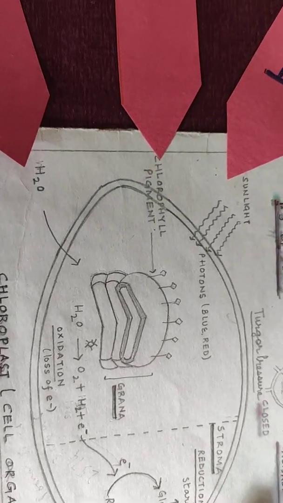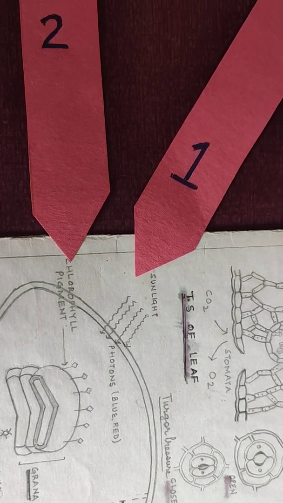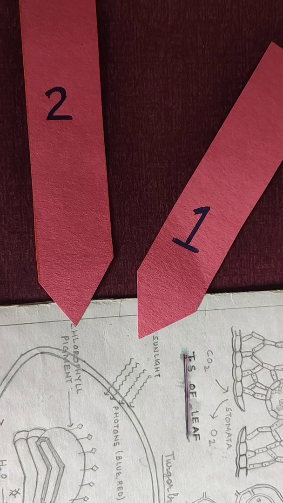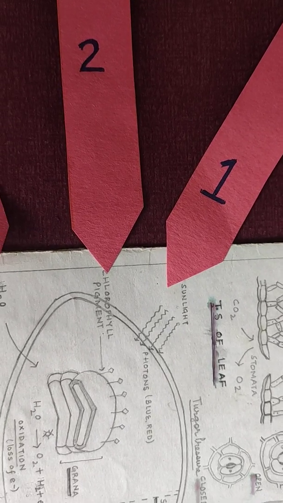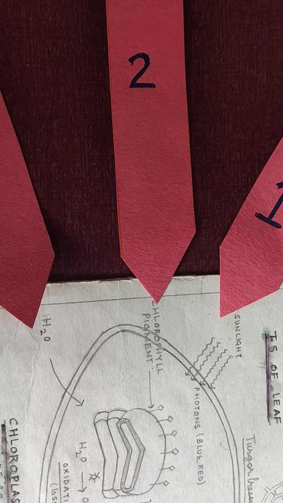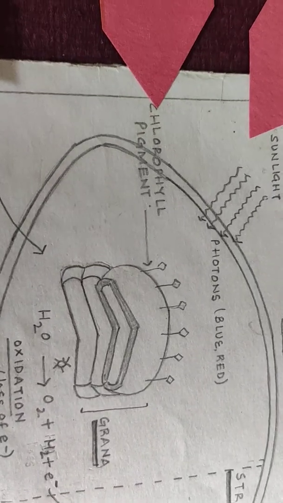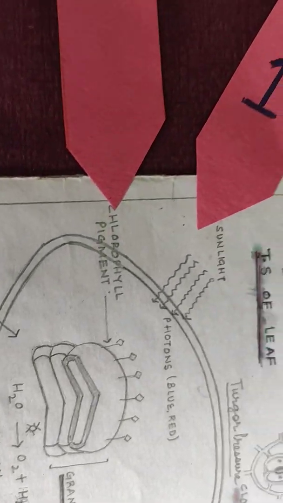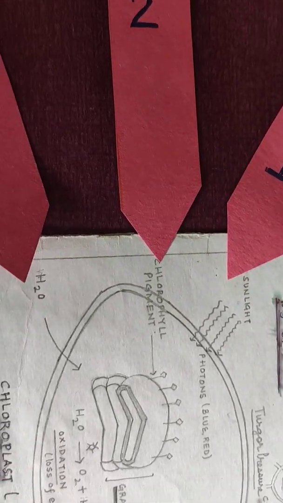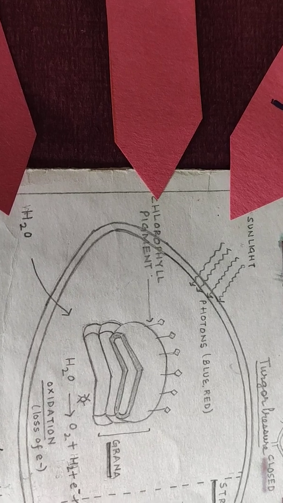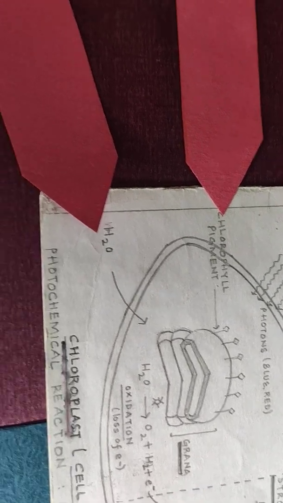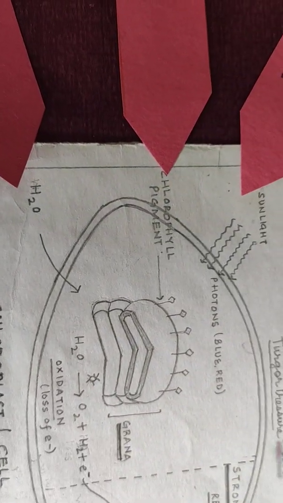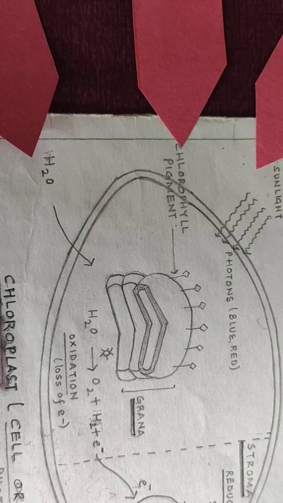The first thing which is received by the plant is the sunlight, which travels towards the earth, and it is captured by the green chlorophyll pigment which is present on the grana. The sunlight received is absorbed by the chlorophyll pigment, and the water entering through the roots reaches the leaf in the palisade layer.